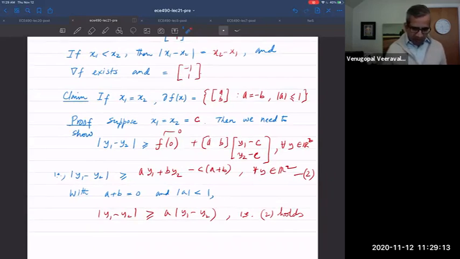So we need to show the converse now. To show the converse, there are two things that we need to look at. Either A is not equal to minus B, or the norm of A is bigger than 1, or both could happen. And I have to make sure that in all those situations, I'm not going to be able to satisfy the subgradient condition.